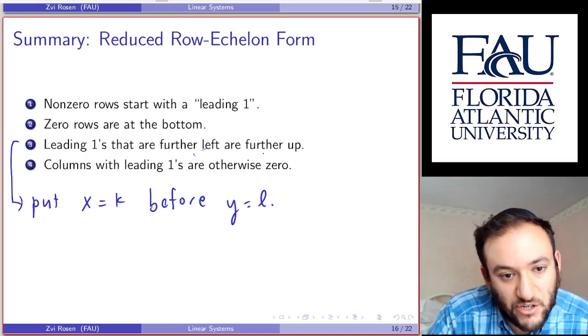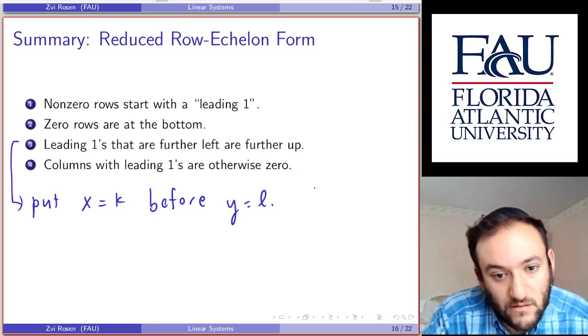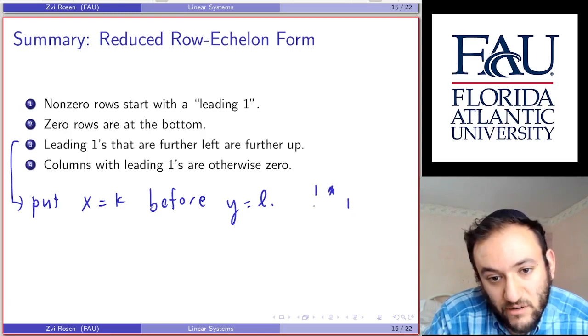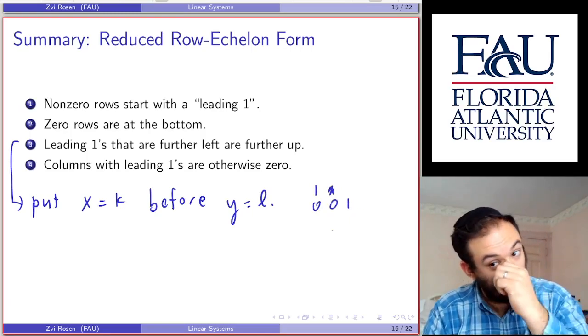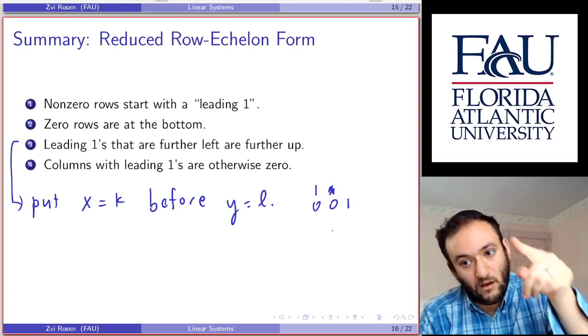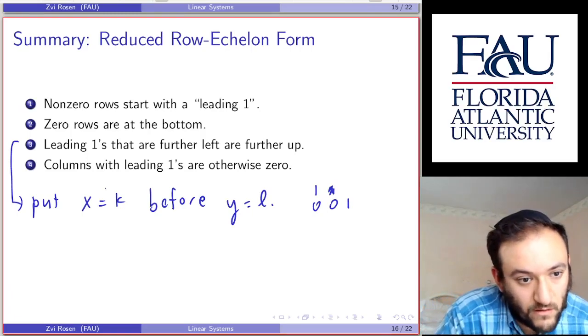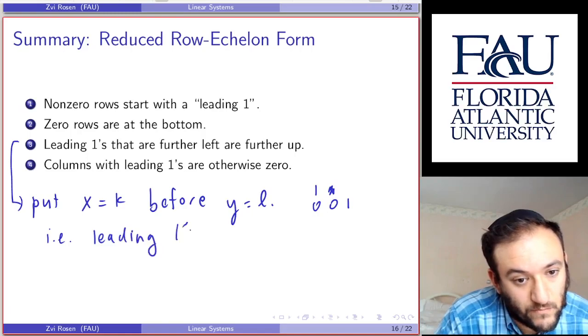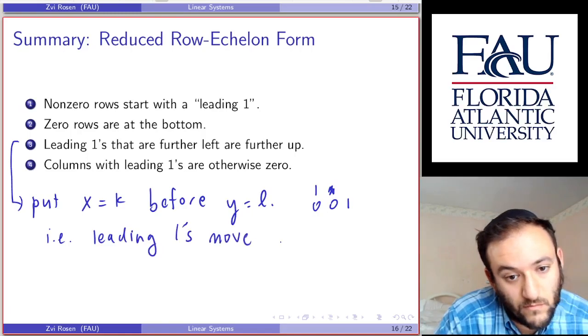And the picture here is just to have 1, and then maybe some other numbers, and then 1 down here. So your rows, the leading ones, should be moving down and to the right, not up and to the right. Move down to the right.